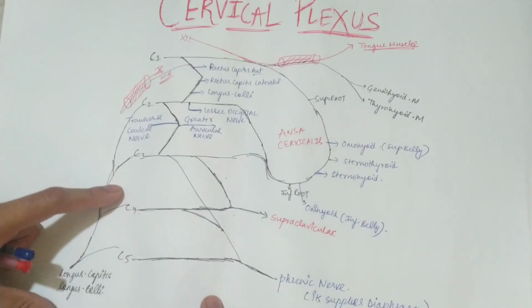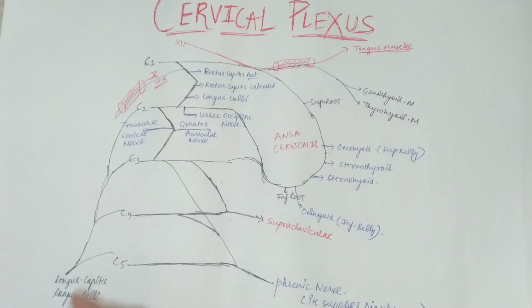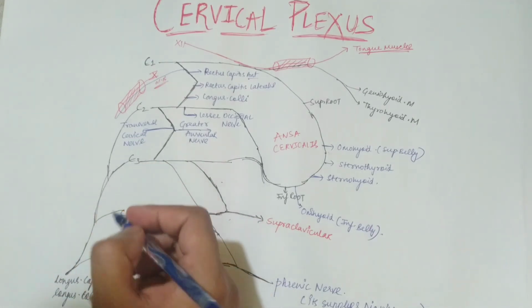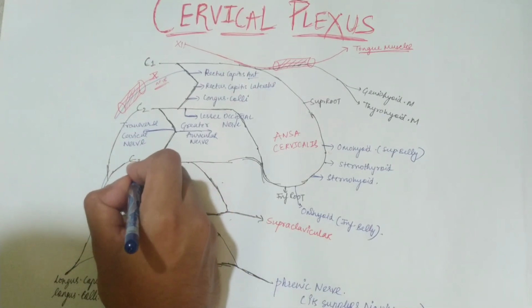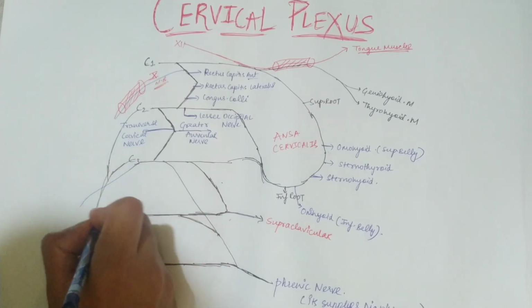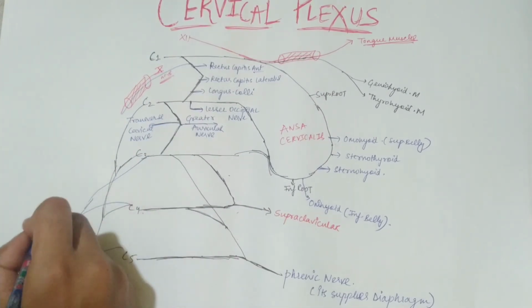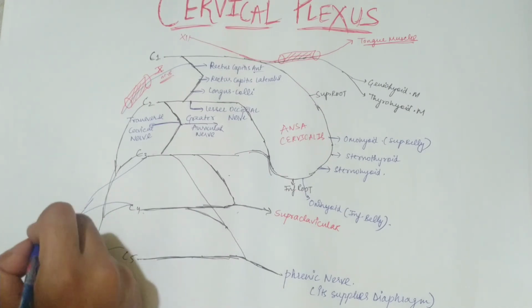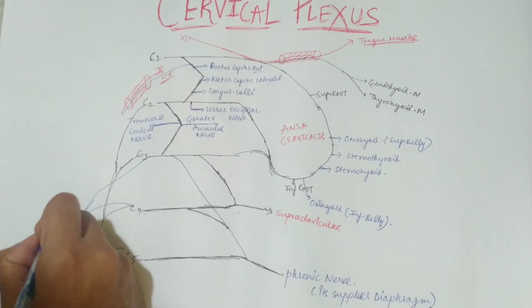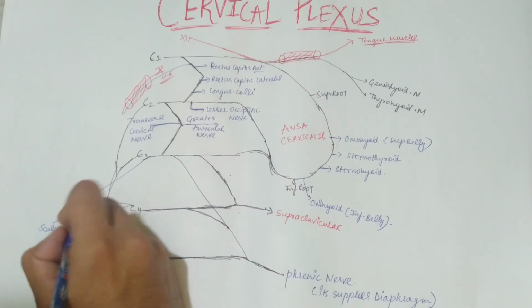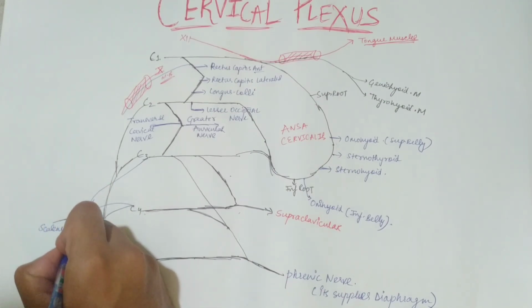And two more muscles from our C3 and C4 roots. From the C3 and C4 roots, muscular branches go to two muscles of our neck, the scalene muscles and your levator scapulae.